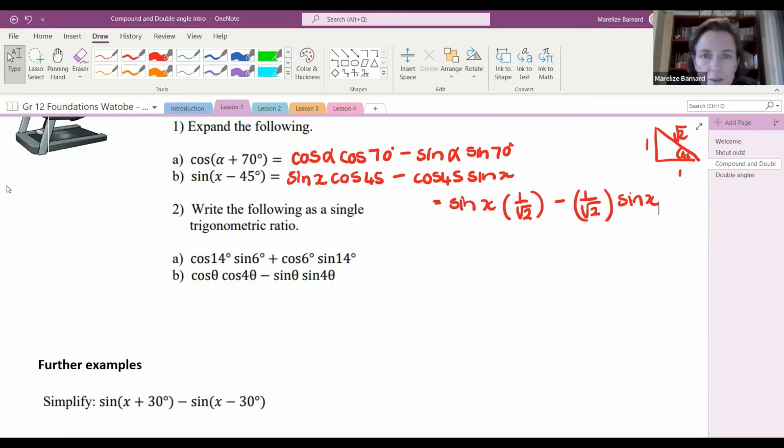Hold on, I think I might have made a mistake here. So sine x minus 45 is sine x cos 45 minus cos x sine 45. Yeah, I think that's better now.